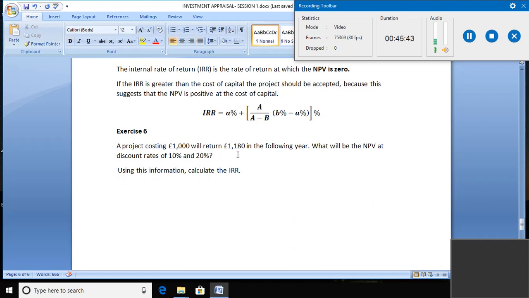So we need to calculate the NPVs first. So what are NPVs? Present value of cash outflows minus the present value of cash inflows. So let's work with the table as quickly as we can. So this is part of the solution.